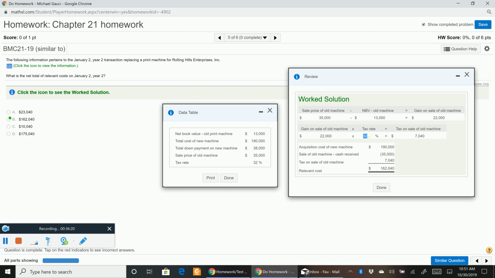If our tax rate is 32%, $22,000 times 32%, we need to pay additional taxes of $7,040. So spending $190,000 on the new machine, spending $7,040 on the new tax bill, but saving $35,000 on selling the old machine, the relevant cost for the decision is $162,040.